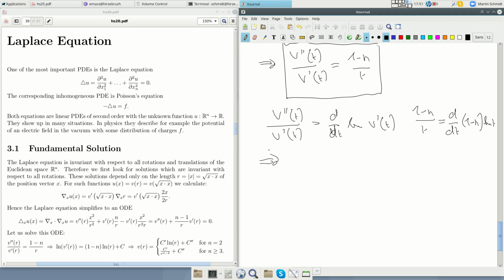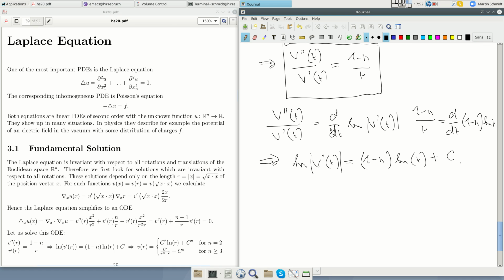So we integrate once, very nice. Now we can integrate once and we get ln of v prime of r, we can even put an absolute value here, as long as it doesn't vanish, equal to 1 minus n times ln of r plus some constant, the first integration constant.